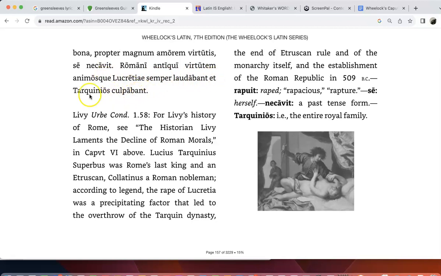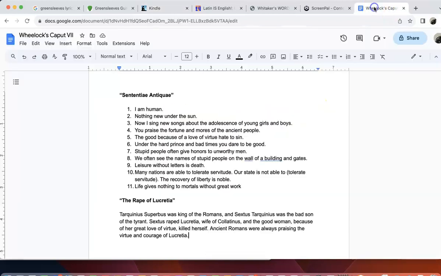And then they were always blaming the Tarquinians, or you can even say the entire royal family. In other words, the Romans were always blaming the Tarquinians.